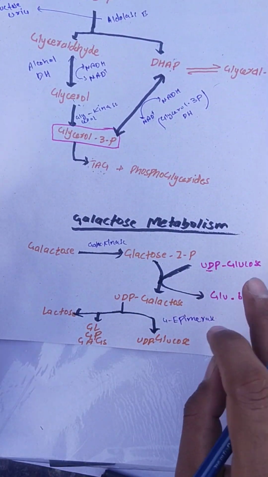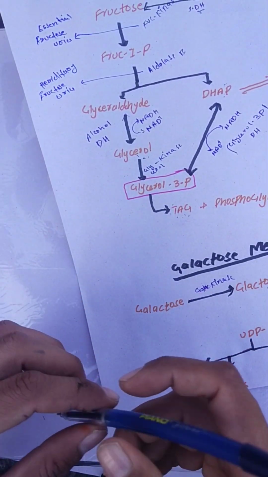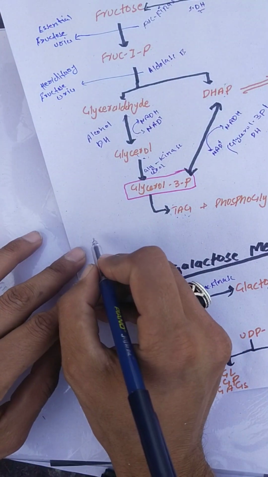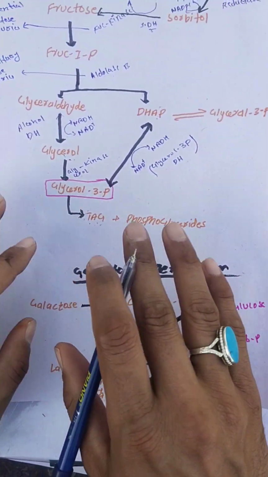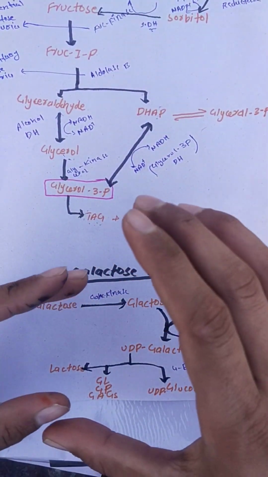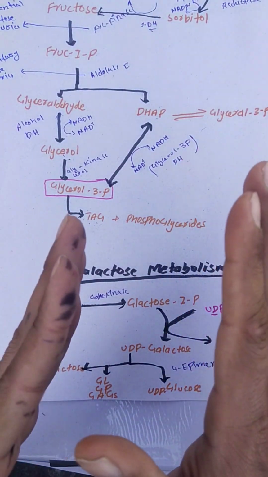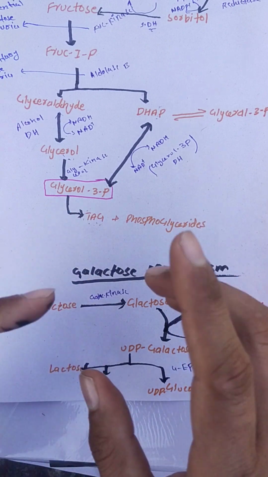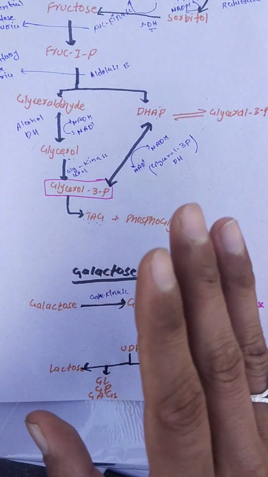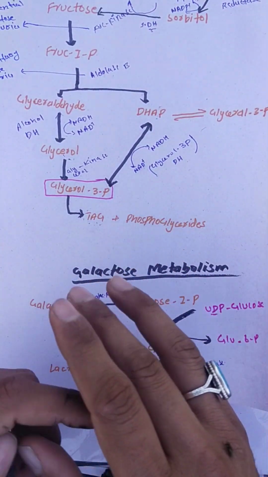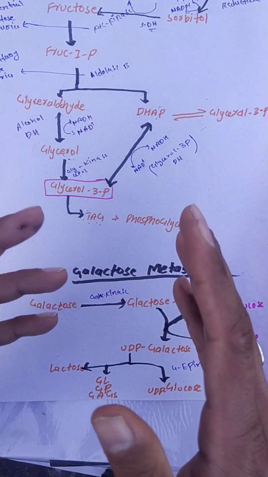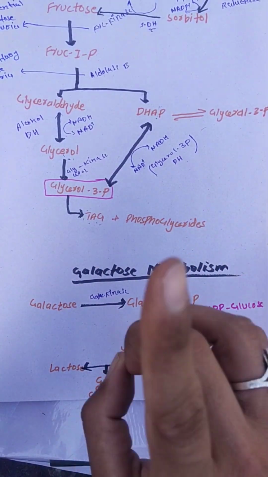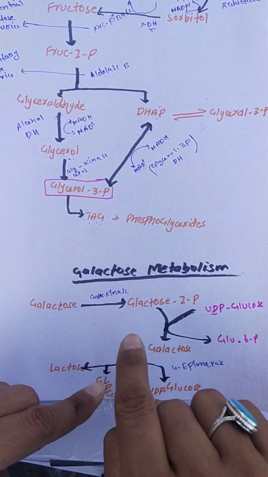What is an epimer, and what is the meaning of epimer? Look, the whole structure of glucose and galactose is the same. Both have 6 carbons, and the attachments in both glucose and galactose are the same. Then what is the difference between glucose and galactose? We have a difference only at one carbon, which is carbon number 4.